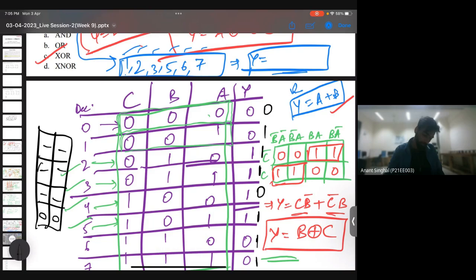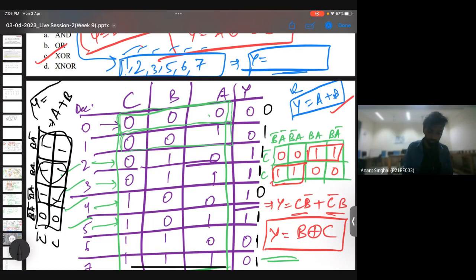So I can make two quads. This will be nothing but B bar A bar, B bar A, B A, and then B A bar. For the first quad, we'll get A, and the second quad will get B. So we'll get Y as A plus B.